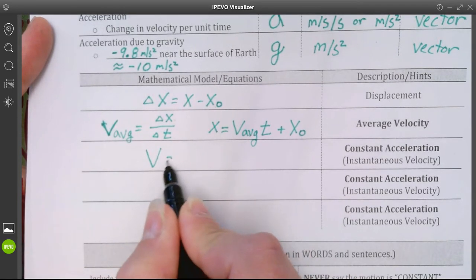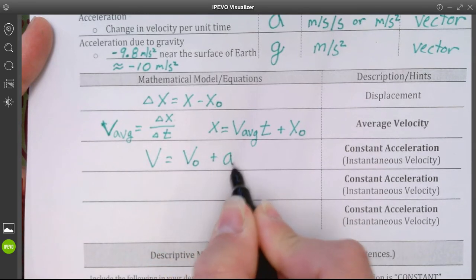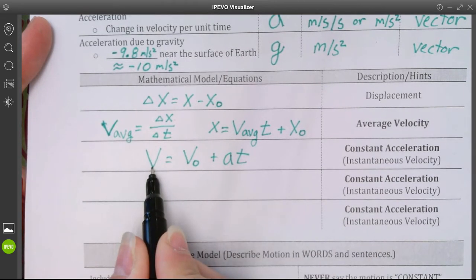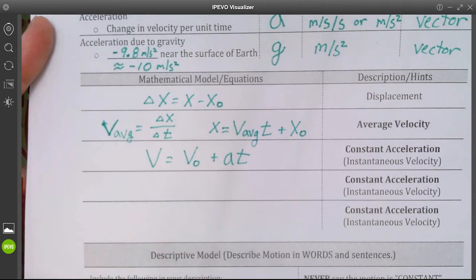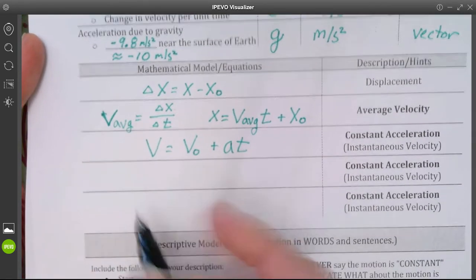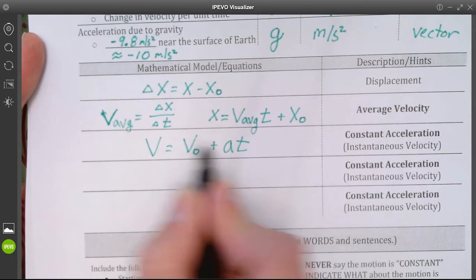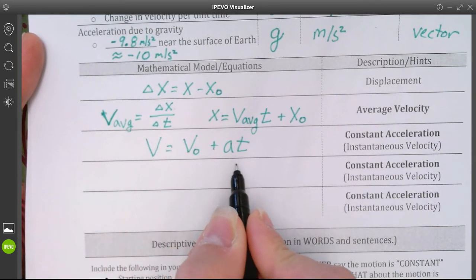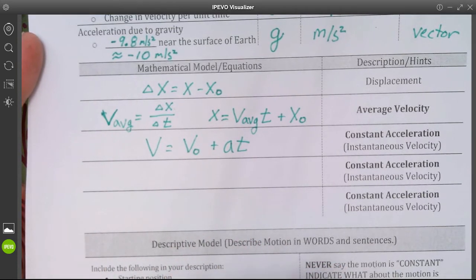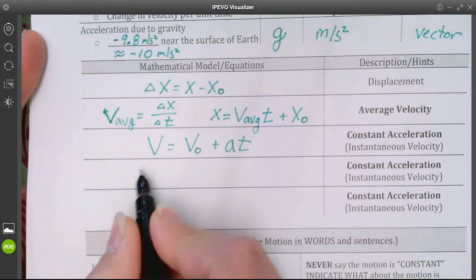We've got v equals v naught plus at. Our final velocity equals our initial velocity plus acceleration times time. We're going to use this one if we know or want to find these values, and perhaps we don't know anything about position or displacement, because you'll notice x does not show up in this one at all.